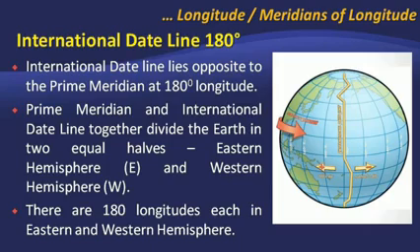These two halves are the Eastern Hemisphere and Western Hemisphere. The Eastern Hemisphere is denoted by the letter E and the Western Hemisphere by the letter W. Students, there are 180 degree longitudes in the Eastern Hemisphere and the same 180 in the Western Hemisphere.